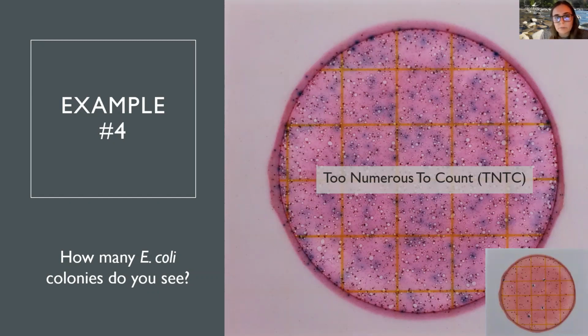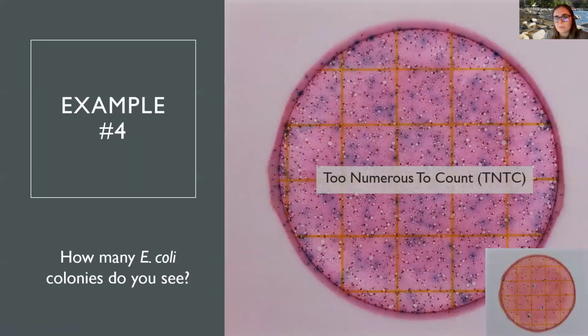Another thing is we can definitely see some blue smear here and there, but it's very hard to differentiate the color difference and what exactly you can count as a blue colony versus a red. So those are some good indicators of when you would actually label a plate TNTC.